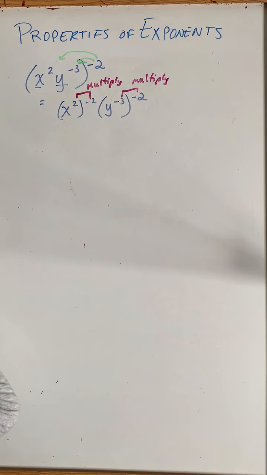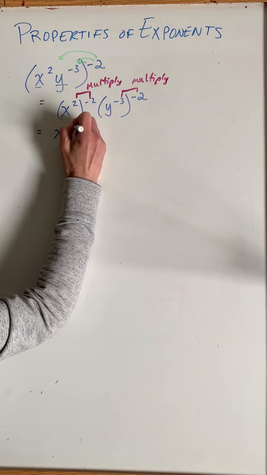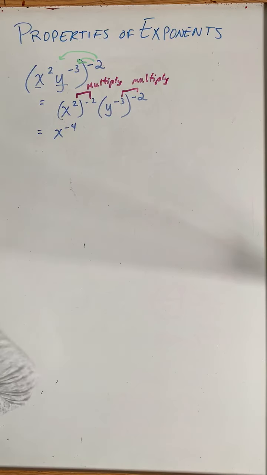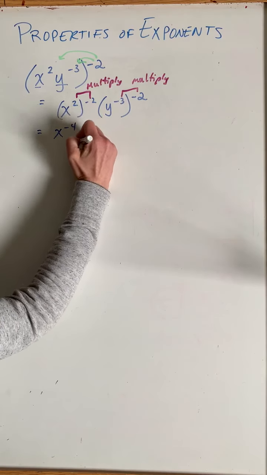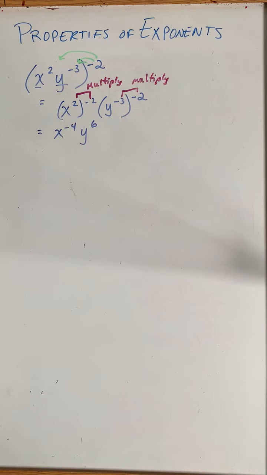All right, so if we do that, this becomes x to the negative fourth. And then if we multiply negative 3 times negative 2, negative times negative, don't forget, is positive 6. Okay, so far so good, hopefully.